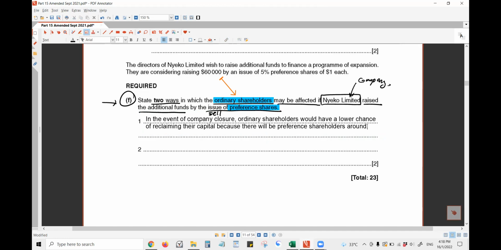When the company closes down, preference shareholders would get back their money first. And if there's no money left, ordinary shareholders would make losses.